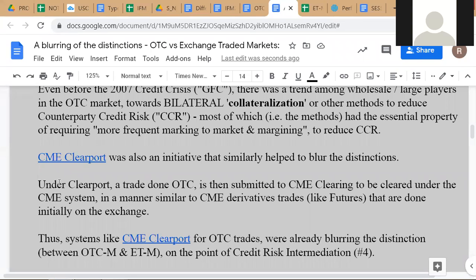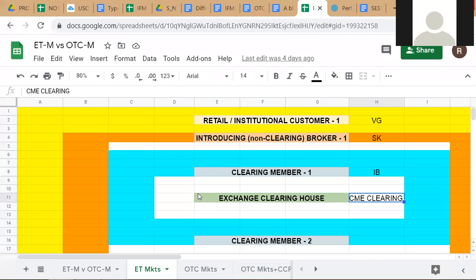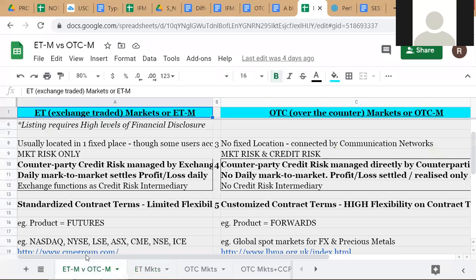So under Clearport, you do a trade done OTC and submit it to CME clearing.